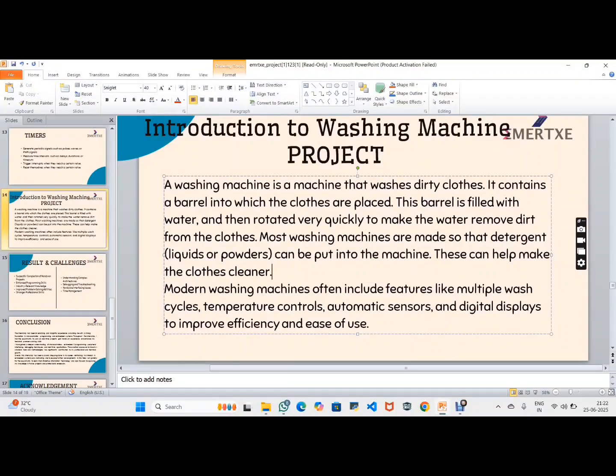This helps make the clothes cleaner. Modern washing machines often include features like multiple wash cycles, temperature control, automatic sensors, and digital display to improve efficiency and ease of use.